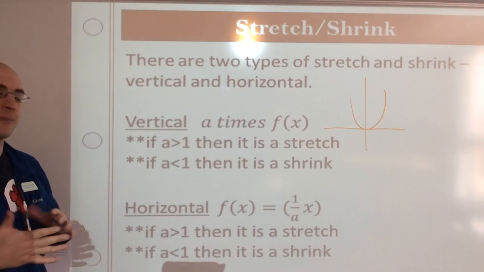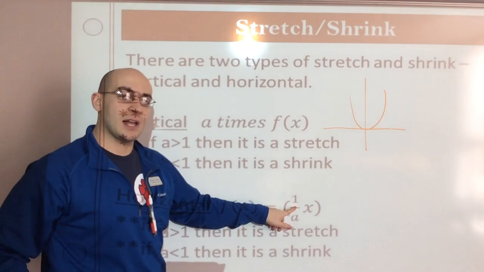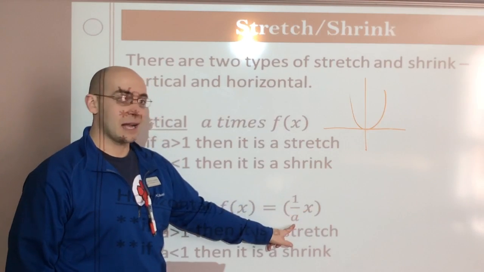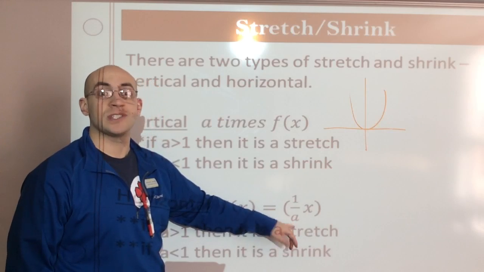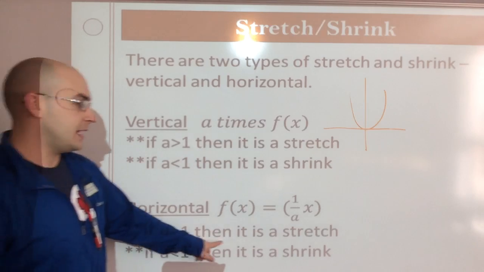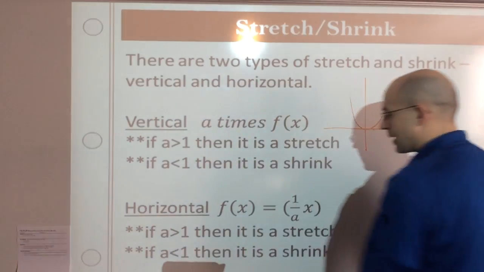Horizontally, we're taking the same principle, we're just doing something different to it. Now, I'm going to multiply this x value, or every time I see this x value, by a fraction. And the fraction is 1 over a. But a is what the actual scale factor would be. So, if a is greater than 1, it's a stretch. Now, horizontally, let's use the same function, x squared.